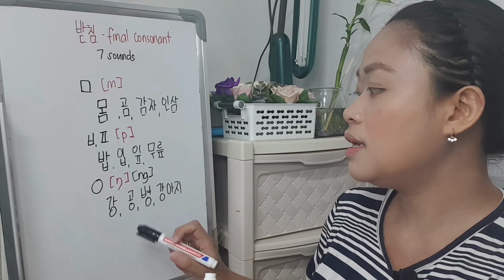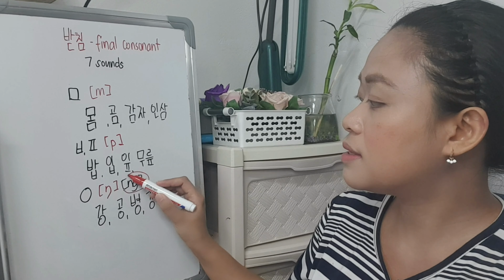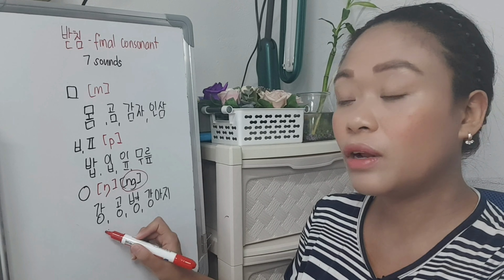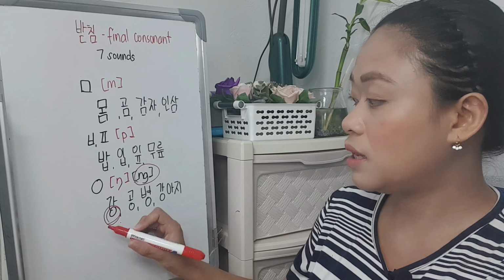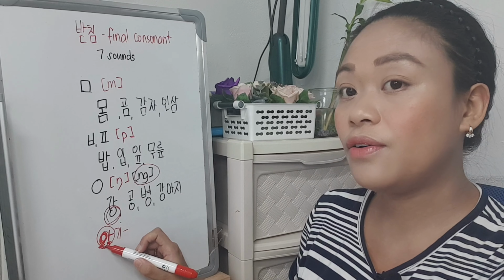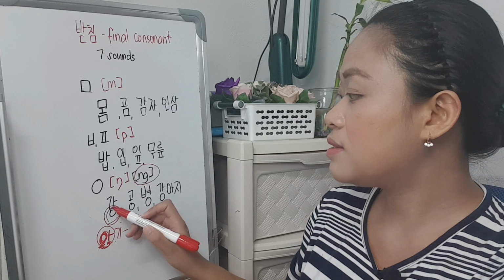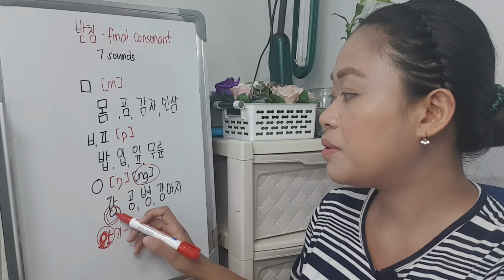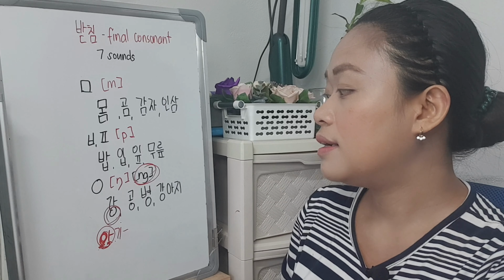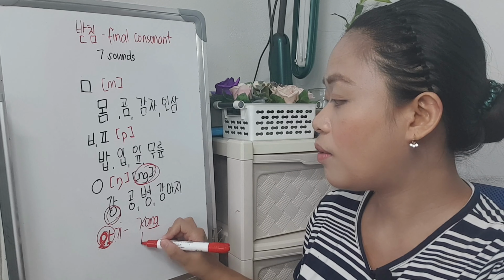Always remember that it sounds as NG when it is in the lower part. But if it is written here, remember, it has no sound. It's just helping the vowel. But if it's written at the bottom, it sounds as NG, like kang, kong.